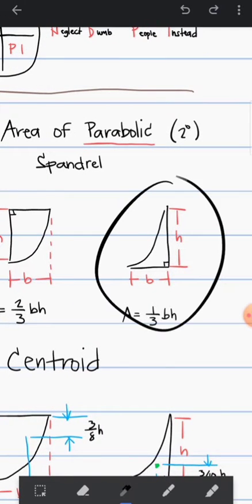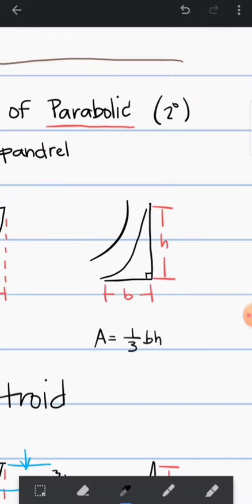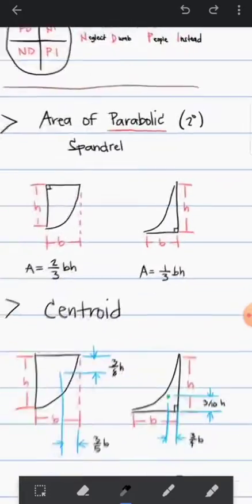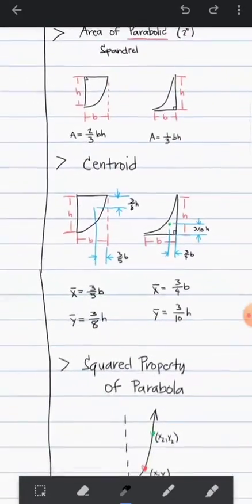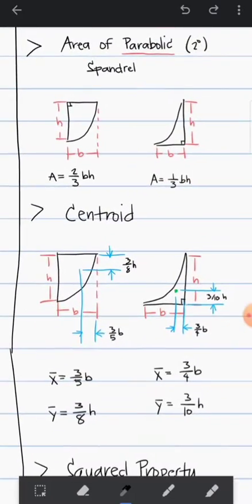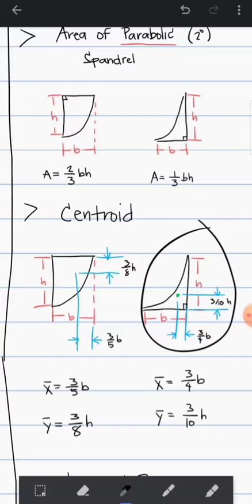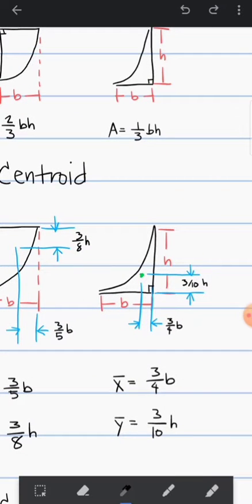Then, for the other type, which is this one, it looks skinny. The area is 1/3 base times height. Then for the centroids of these parabolic spandrels, it is this here. For this type 1, it is 3/4 the base from the right angle, and then 3/10 the height from the right angle as well.